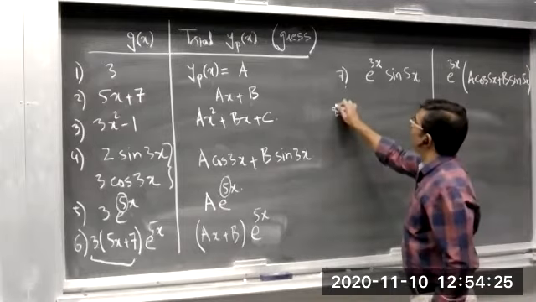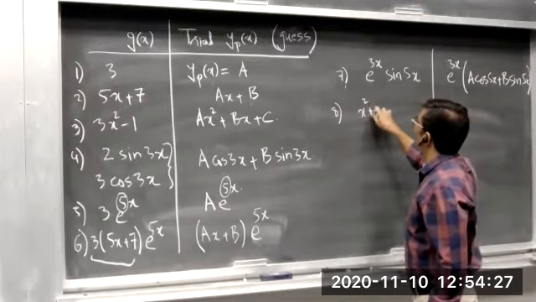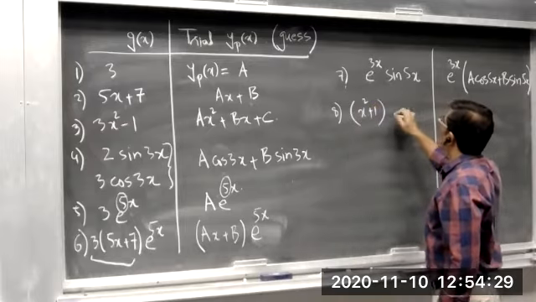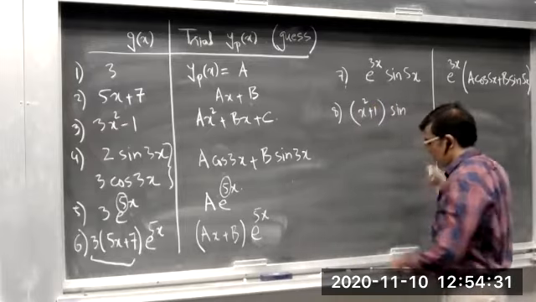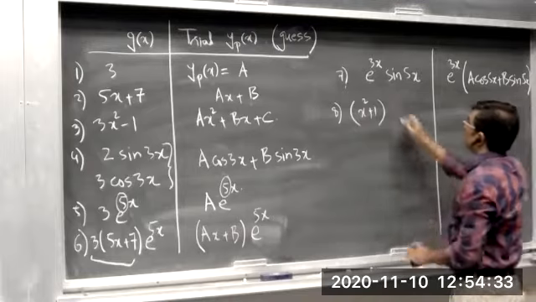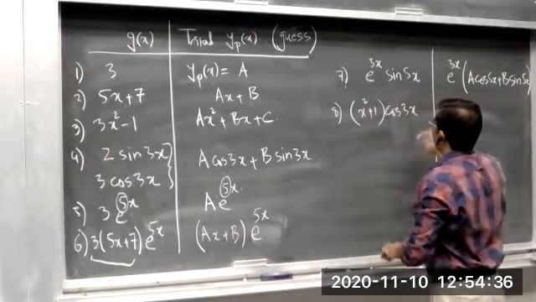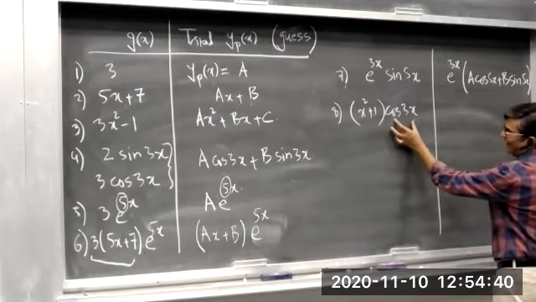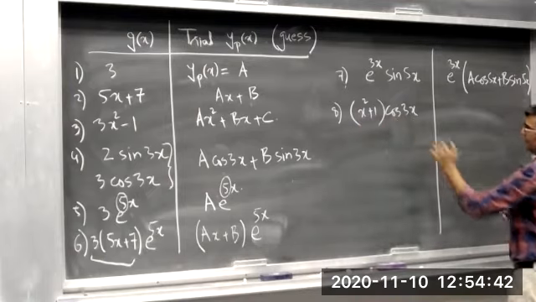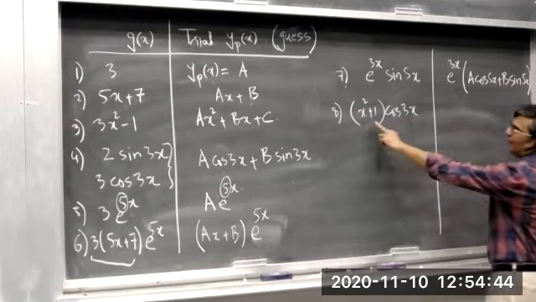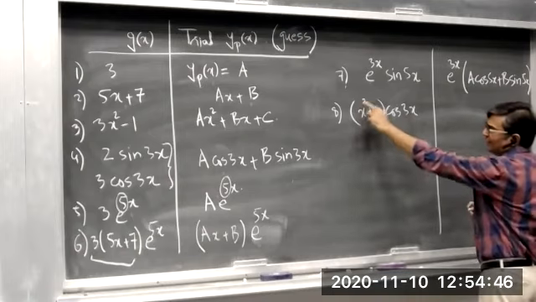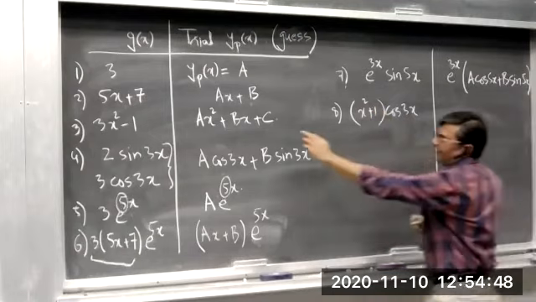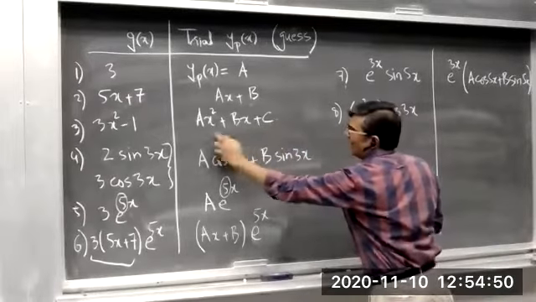Similarly, we can write if we have x squared plus 1 times sine or cos 3x. In this case, we have a polynomial of degree 2 here and a cos here. So what would be the initial guess in case of a polynomial of degree 2? It would be of this kind.